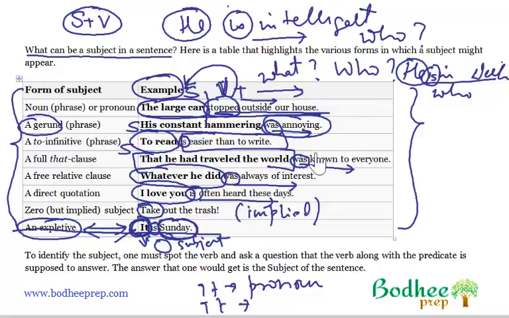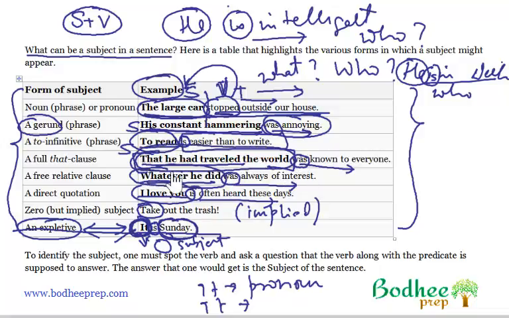A subject of a sentence can be of so many kinds. It can be a noun phrase, it can be a gerund phrase, it can be an infinitive, it can be a that clause, it can be a relative clause, it can be a direct quotation. The subject may not be there, and it, which is a zero subject, can also be the subject of a sentence. So what we learn in this lesson is the subject of the sentence need not always be a single word like he, she, it, they, John, Peter. It can be a single word, it can be a phrase, it can even be a clause, right?